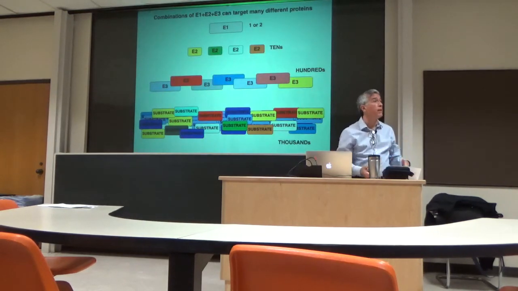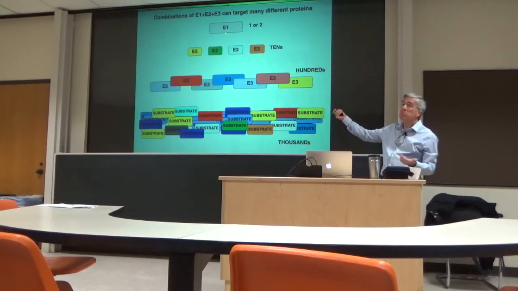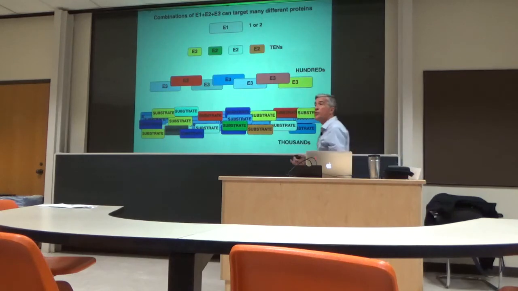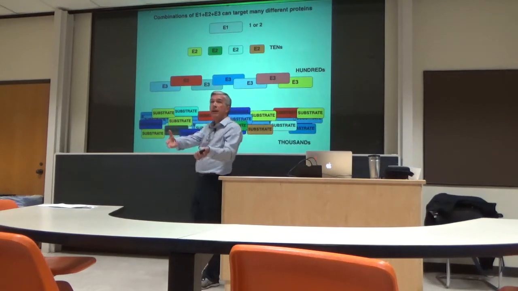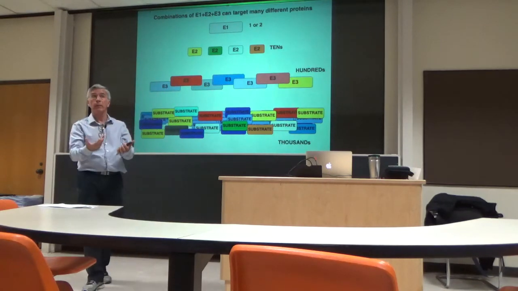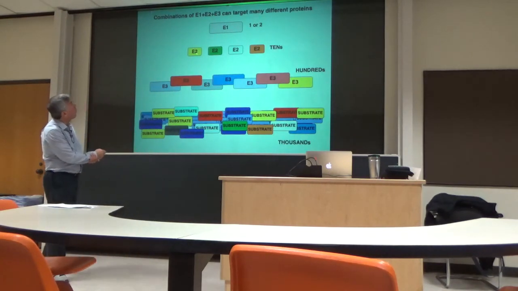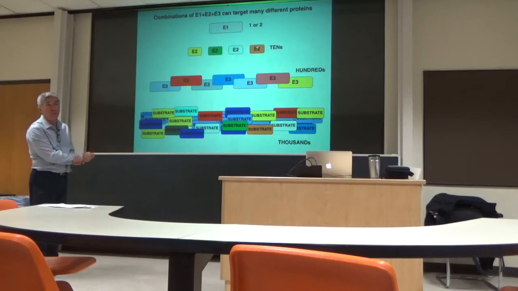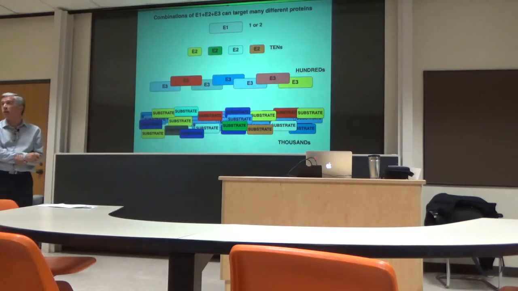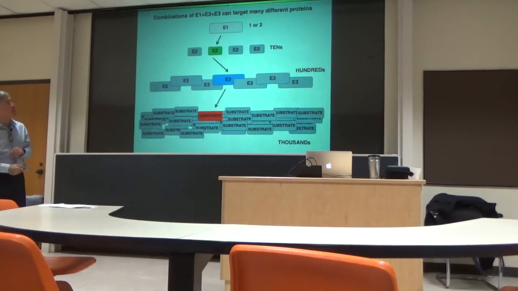So we have in our genome only a few genes for E1, because E1's job is only to recognize ubiquitin and use the energy of ATP to activate it. But then we have a whole bunch of E2s that can combine with many E3s to give you a huge collection of combinatorial sites to recognize many, many different types of substrates.